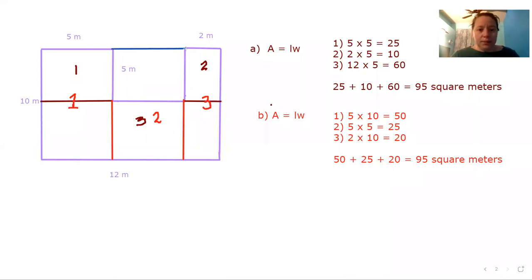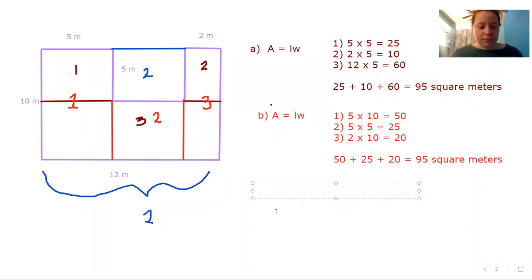This way, we have number 1 being the entire thing. So this entire thing is number 1. And number 2 being this part of it, that little rectangle that I just made. So we're going to call this letter C. The blue is going to be letter C.